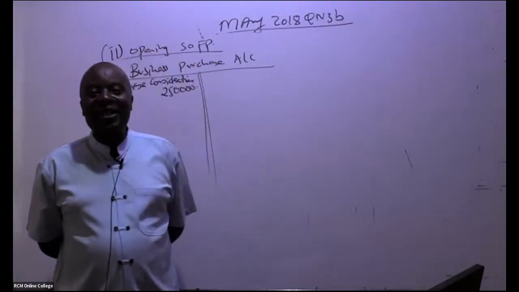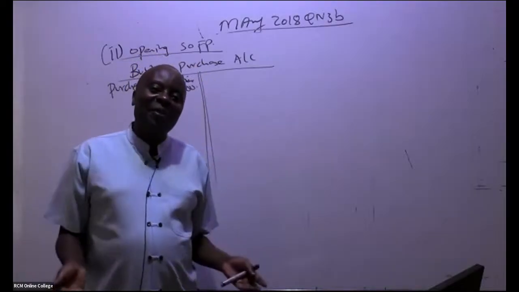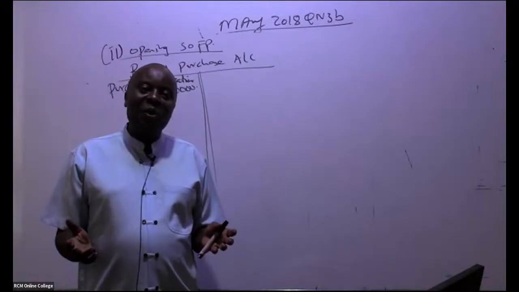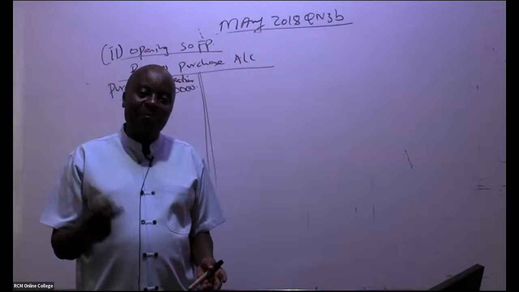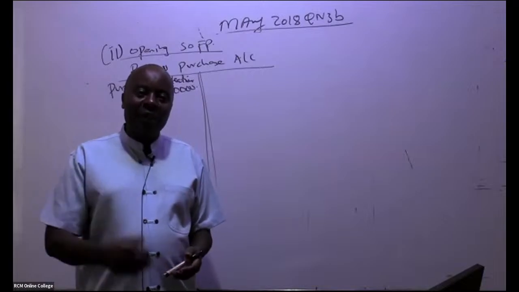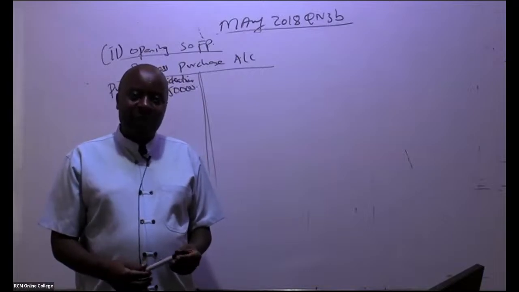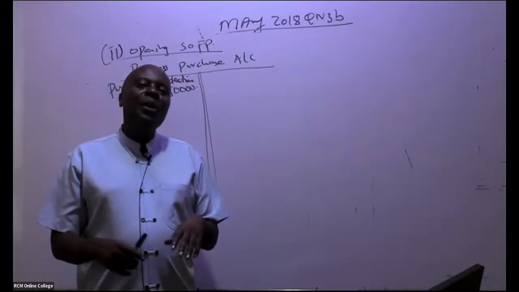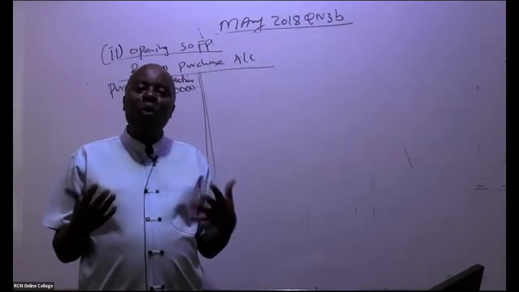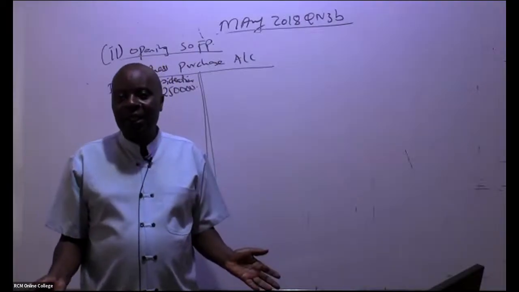Maureen is asking a very sensitive question: if the balancing figures are wrong, will you be able to pass in one term or shall you go two terms? Could you kindly advise Maureen? I remember one time I shared with you a marking scheme. Trust me, ladies and gentlemen, it's not about balancing anything.